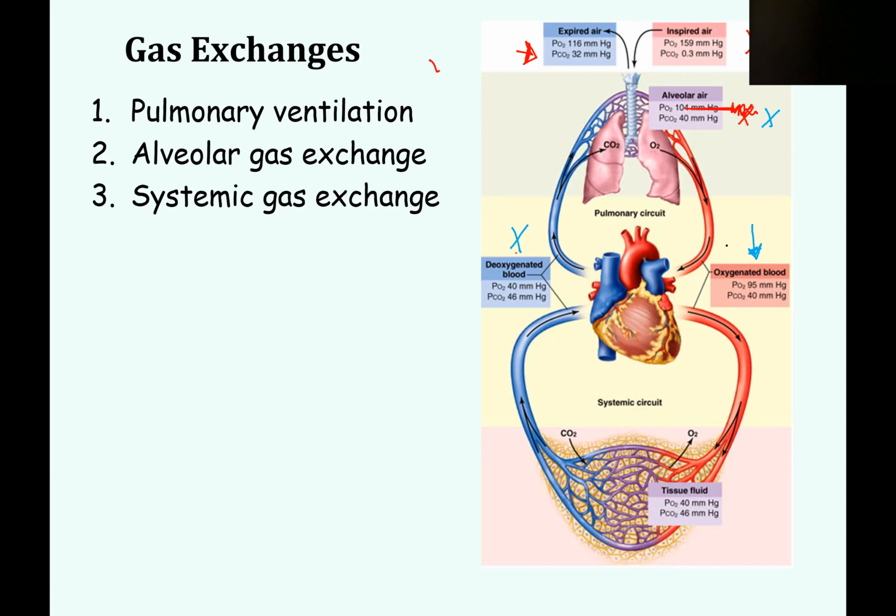Systemic gas exchange, we have to exchange gases between the blood in the systemic capillaries and the tissues of the body. The product being what returns to the lungs in the pulmonary circuit. So it's going to leave through the systemic veins and go into the pulmonary arteries. So again, three-ring circus, all three rings are going on at the same time and they're all going to interact with each other.